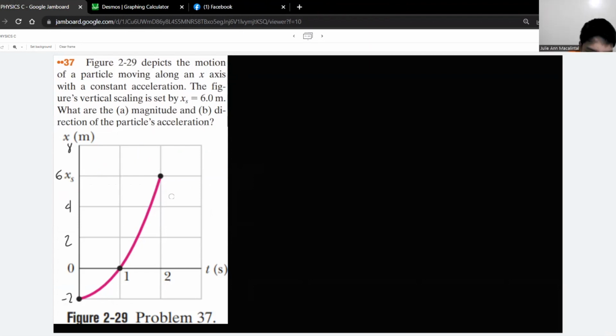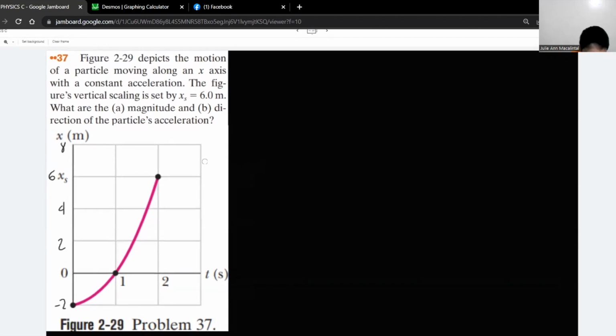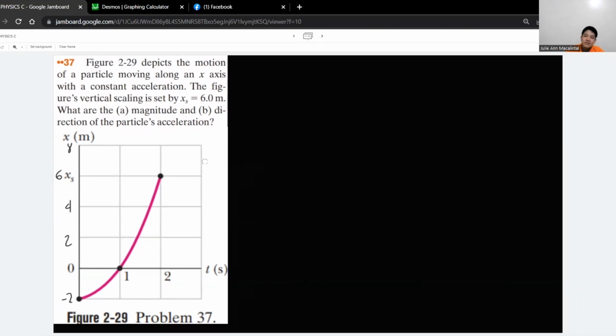Paki-set up. May choppy po yung sound po. Okay na ba or hindi pa rin?